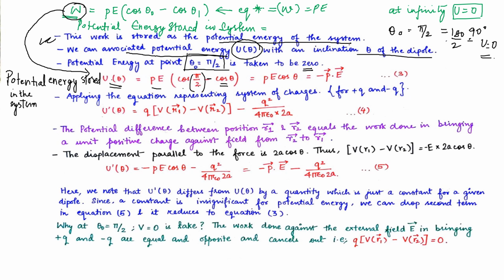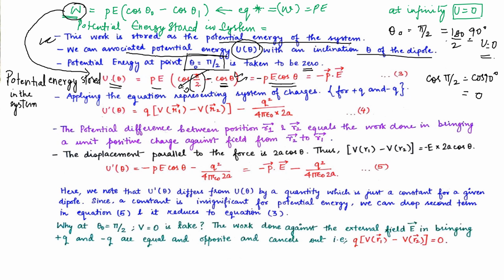Cos pi by 2 equals cos 90 degrees. What is the value of cos 90 degrees? It is 0. So this term will become 0. 0 minus something will be that something only. So the answer we get is minus Pe cos theta.